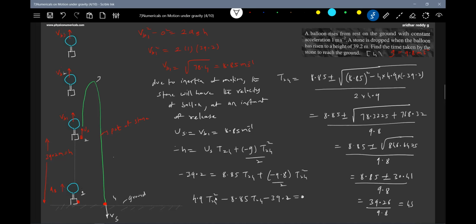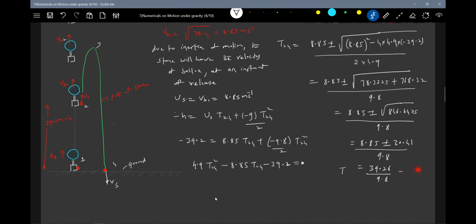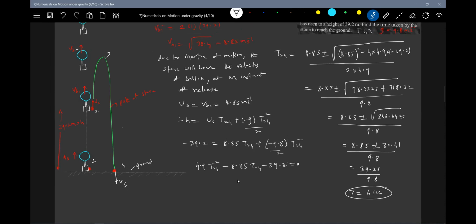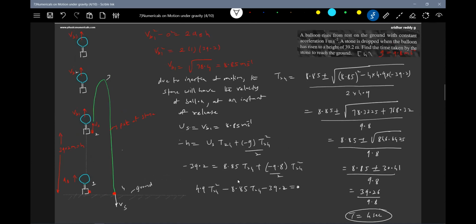Around 4 seconds will come. This will be your answer. What is the time of flight? Time taken. Okay, this was the equation.